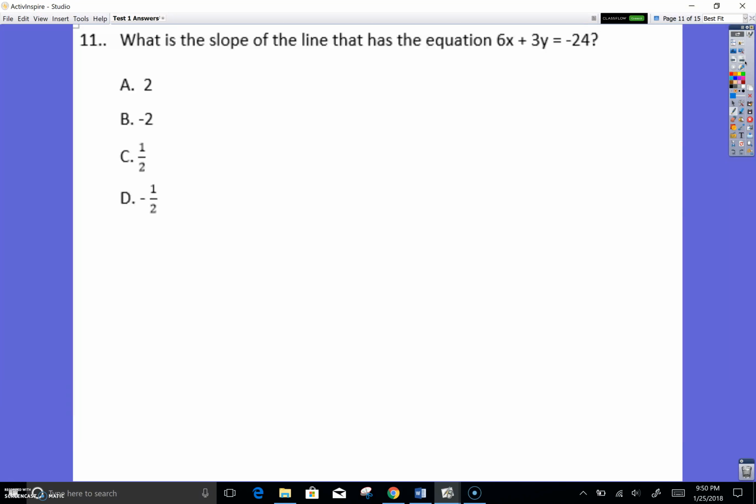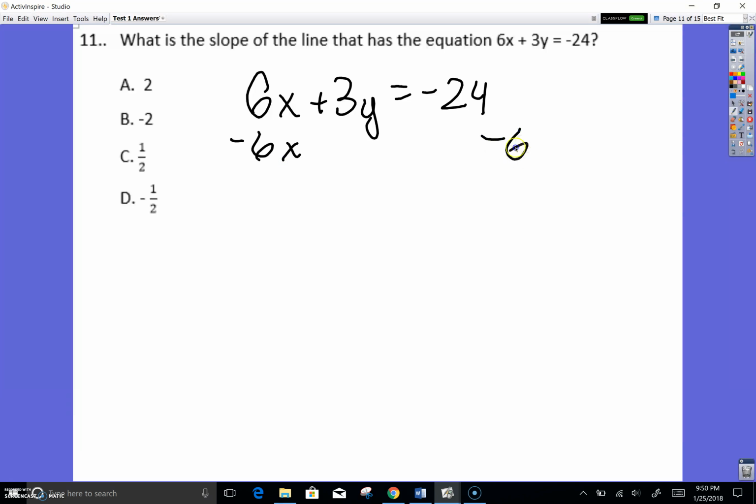11. Okay. This time we're looking for the slope. Okay. Again, we need to solve. Minus 6x on both sides. Okay.